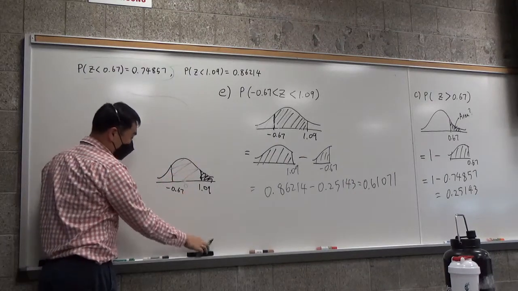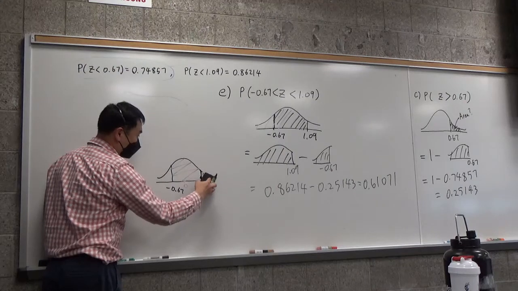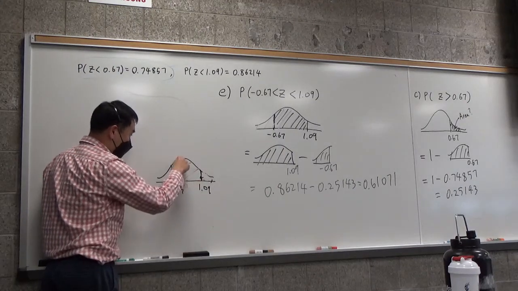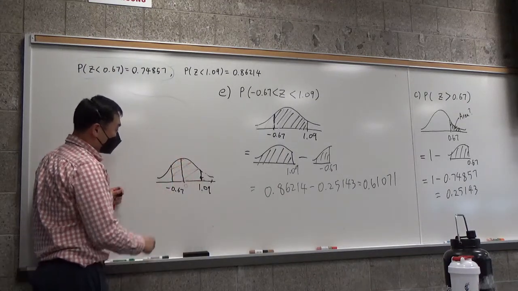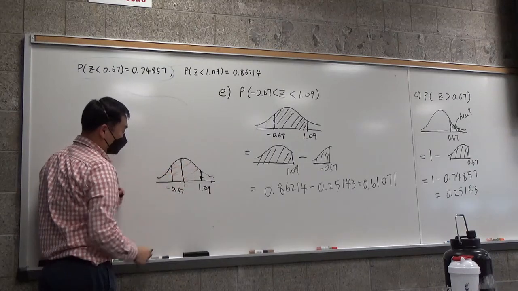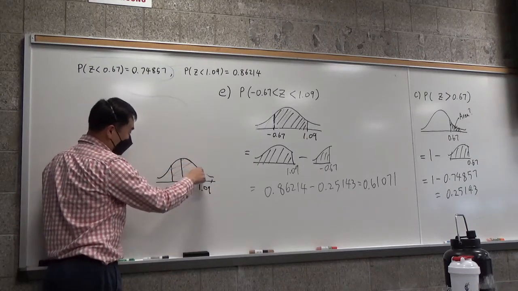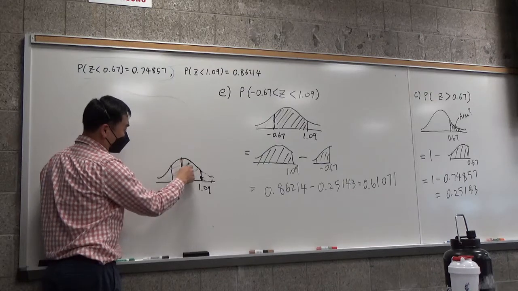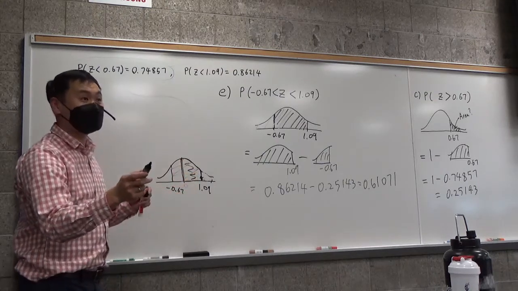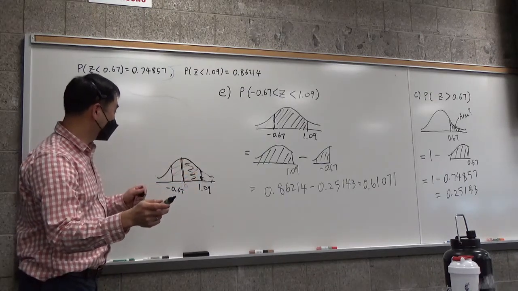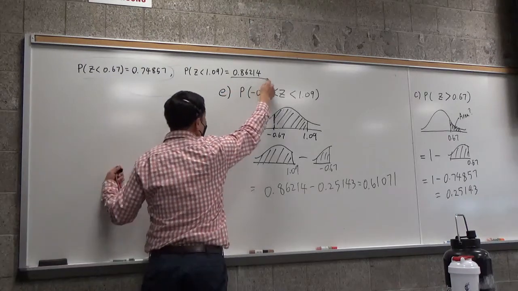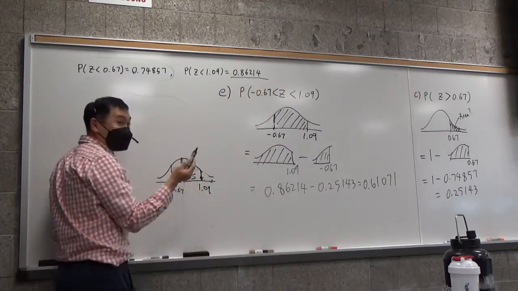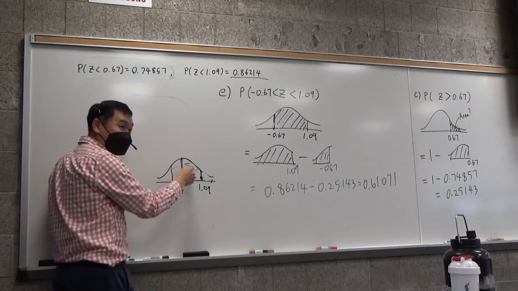So you can also do the following. Here's a completely different method. You can divide this area into 2. And first think about this area. What would this area be? How would you get this one? 0.86214 minus 0.5 will be this area, right?